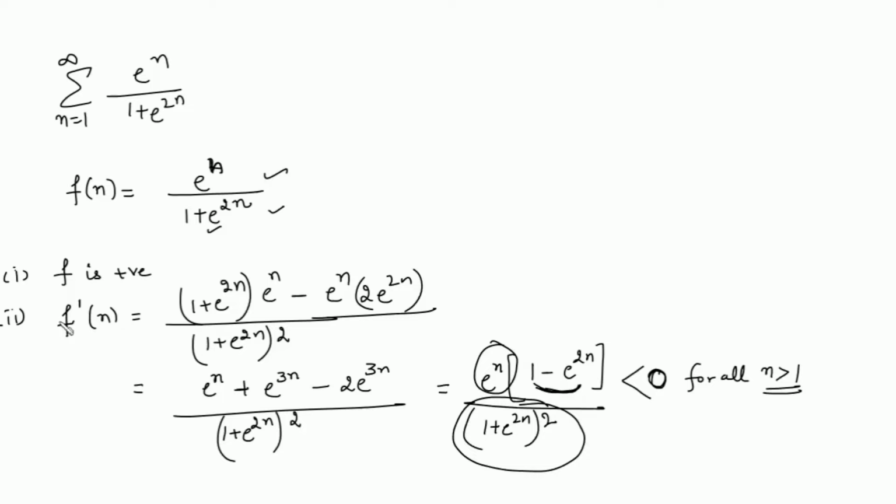So ultimately your derivative is negative, which implies your function is decreasing. Now since your function is differentiable, it is continuous, since we know that every differentiable function is continuous, so f is continuous also.